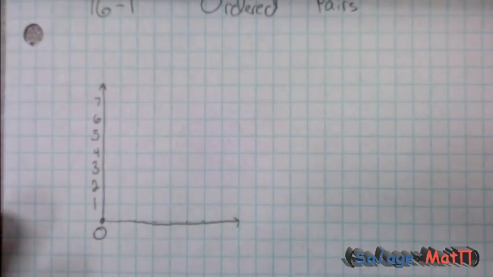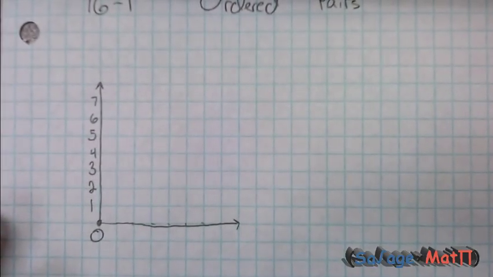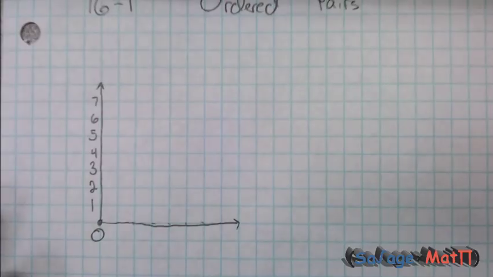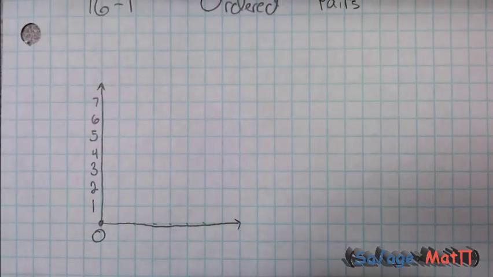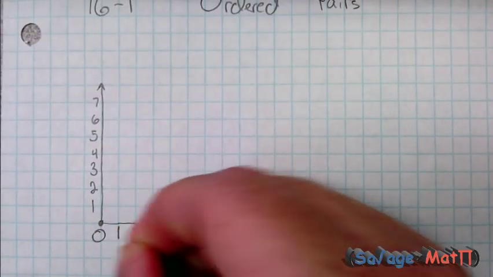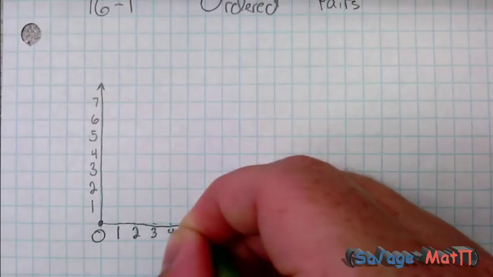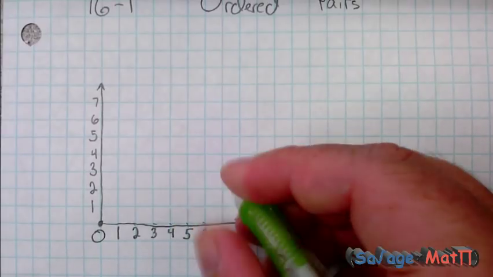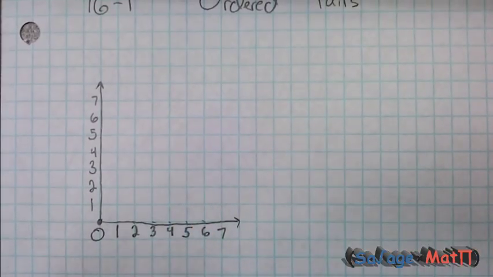It's really important that we stay on those lines, because when we start numbering stuff later, if we're not on the lines, it's going to get really confusing. Same thing over here: 1, 2, 3, 4, 5, 6, 7.